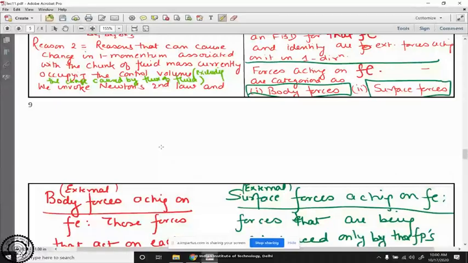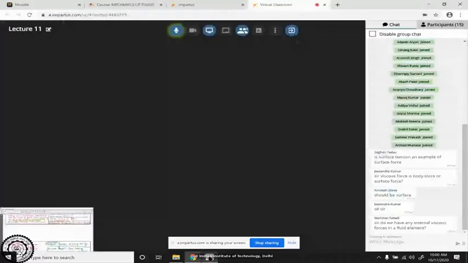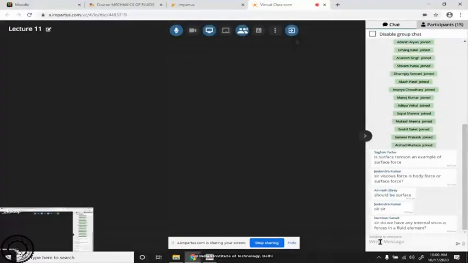Those forces exerted by one fluid particle on another within our fluid element are irrelevant. I am not even paying attention to that. So these definitions do not apply to those internal forces. Those are internal forces. Have I made sense?